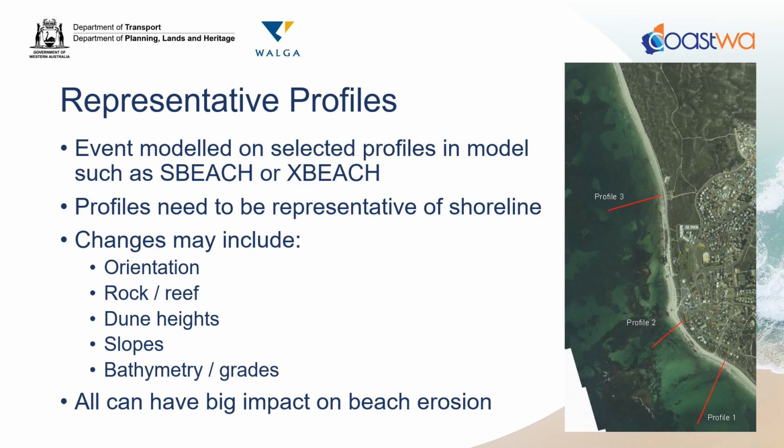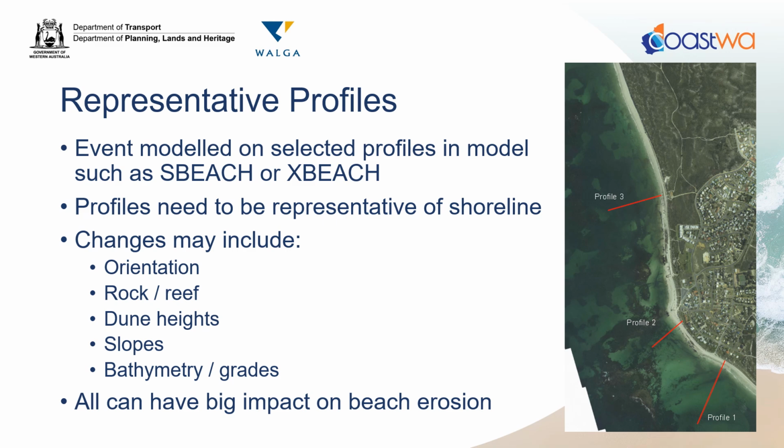So factors such as the orientation of your coast, whether there's any rock or reef in the inshore areas or on the beach, the height of the dunes, the slope of the dunes and beach and nearshore areas, the bathymetry and depth of water near shore. These factors can all have a big impact on beach erosion.